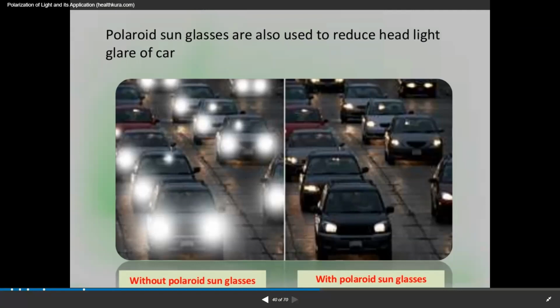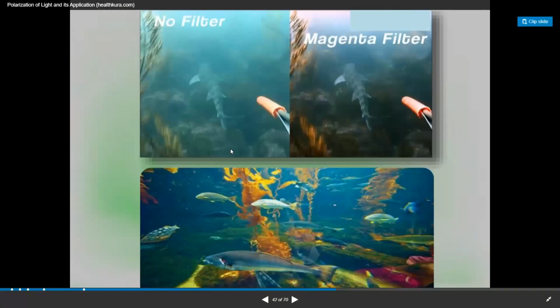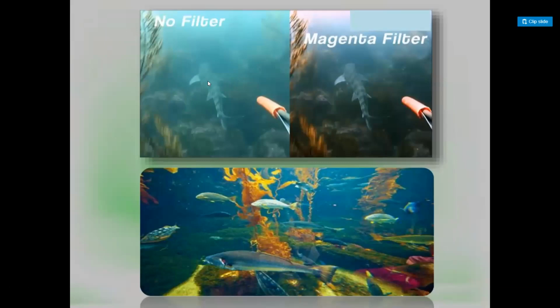And also in photographic filters. This is the picture without use of polarizing filters. Filters are made with crystals like calcite and tourmaline.